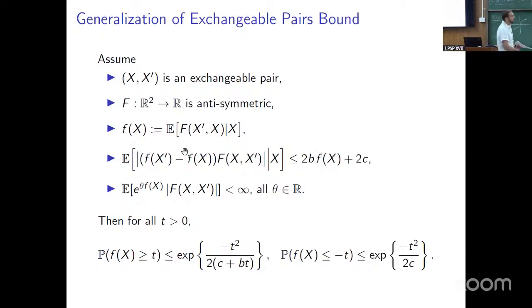If you want to get back to what we had before, the previous result was F(W, W') equals (W' minus W) over lambda, and then little f of w equals w.